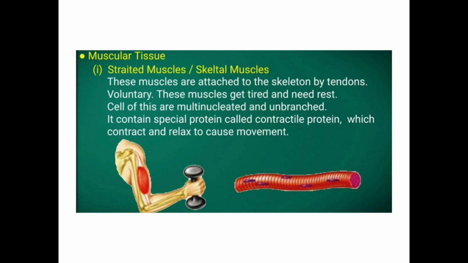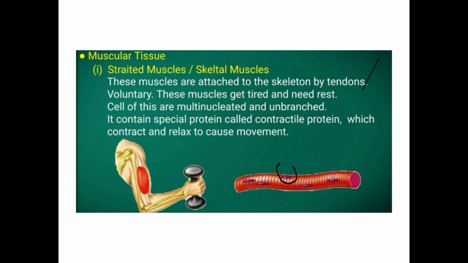So first one is striated muscles. These muscles are attached to the skeleton by tendons. What is a tendon? It connects muscle to bone. These striated muscles are voluntary. They get tired and need rest. Cells of this are multinucleated.